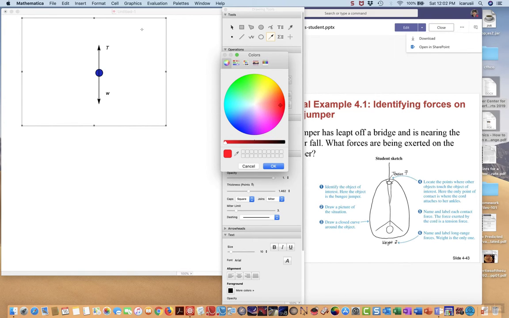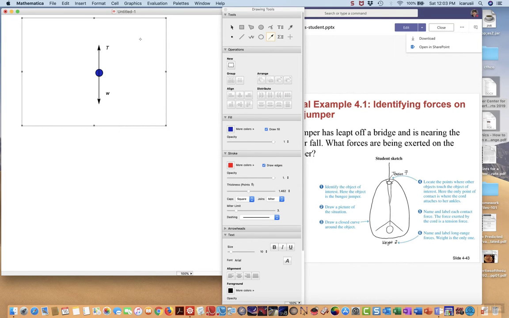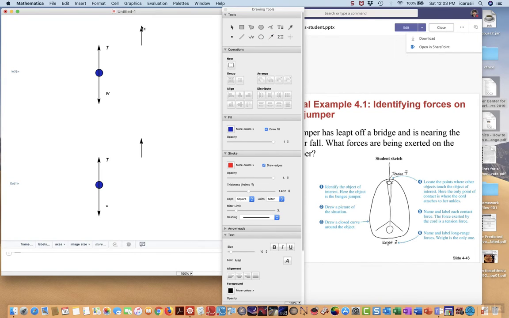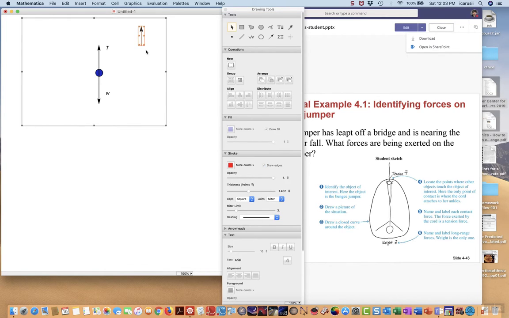And let's go ahead and draw the arrow. So I'm going to take, sorry about that, I'm going to take this direction as positive. So there's my positive direction, and I can see my arrow needs to be, come on.